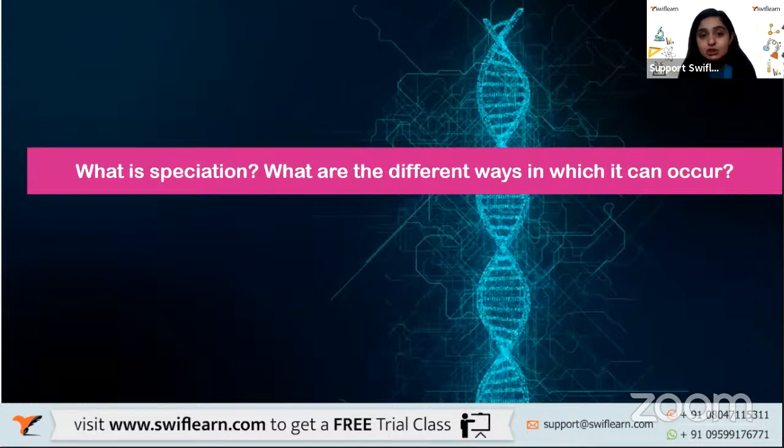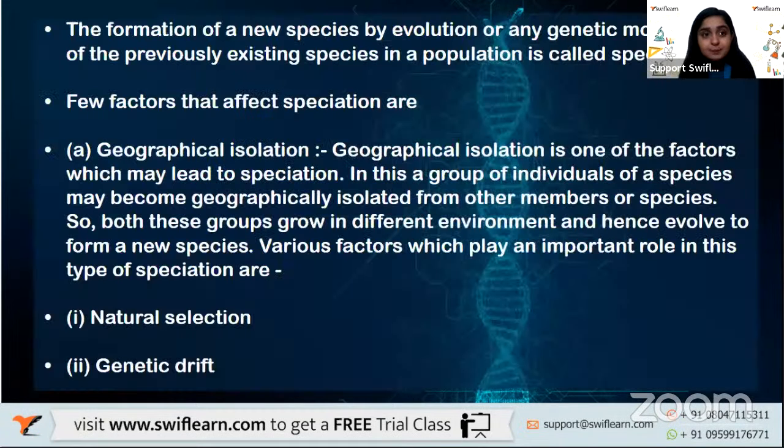What is speciation and what are the different ways in which it can occur? Let us discuss this question. It will help us recapitulate the things we have learned. The formation of new species by evolution or any genetic modification of the previously existing species in a population is called speciation. A few factors that affect speciation are, of course, geographical isolation.